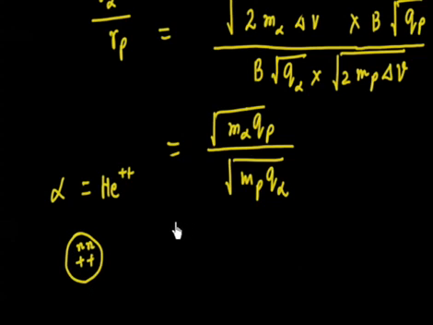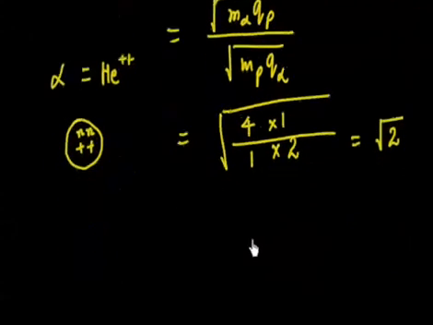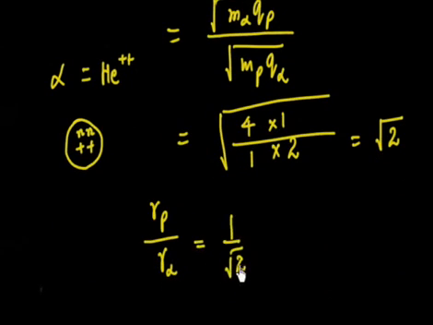So now I can write m alpha is 4, and m proton is 1, only 1 proton, and q proton is again 1, and q alpha for helium plus plus is 2. So R alpha by Rp is root 2. Or if somebody asks Rp by R alpha, then you will have 1 by root 2. So this is the ratio you have.